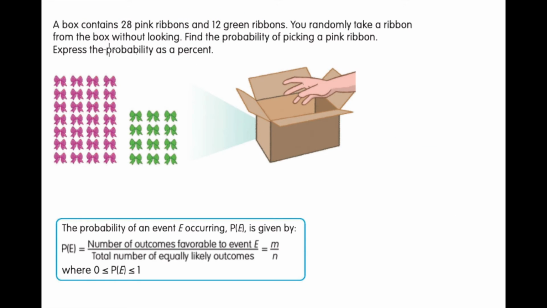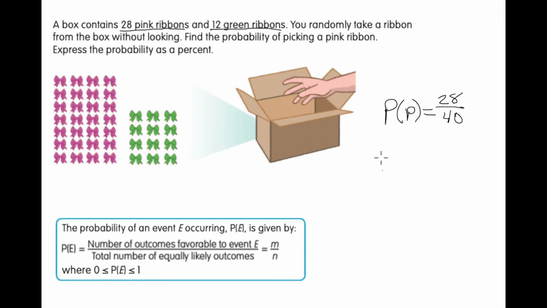If we look at another example here, we have a box that contains 28 pink ribbons and 12 green ribbons. We're randomly picking a ribbon from the box, and we want to find the probability of picking a pink ribbon. So if we set this up, the probability of picking a pink ribbon is equal to 28 pink over our total ribbons, 28 and 12, so it's 28 over 40.